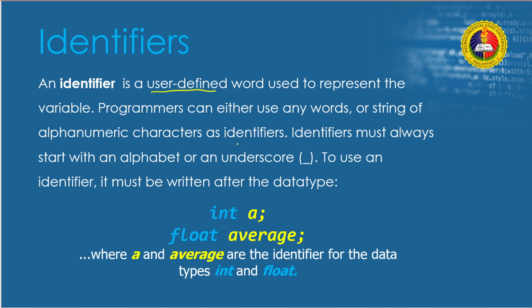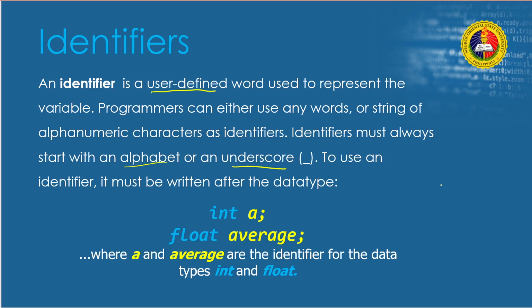When you say alphanumeric, it's a combination of both alphabet and number. Identifiers must always start with an alphabet. That's the first thing. Even though we can use whatever identifier we want, it should always start with an alphabet or underscore. It shouldn't start with any other symbols or numbers.